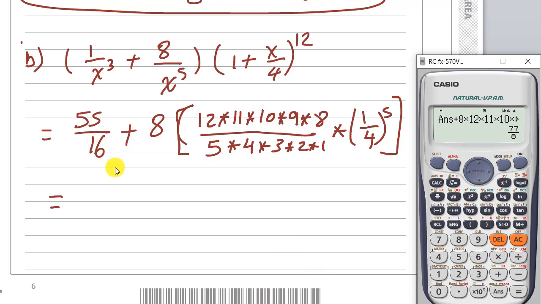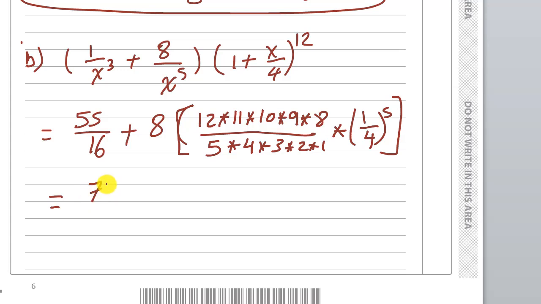Now the answer is 77 divided by 8. 77 divided by 8, and this is the final answer of this question.